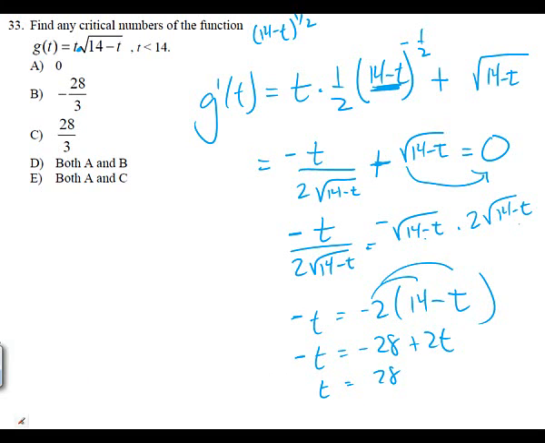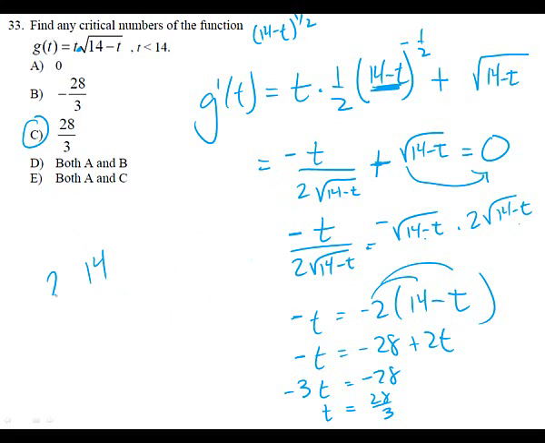So what happens now when I bring the t over? When I subtract 2t over, don't I get negative 3t? It's still going to be negative 28. So we end up with 28 over 3, right? So it ends up being c. But we could also set the denominator equal to 0.